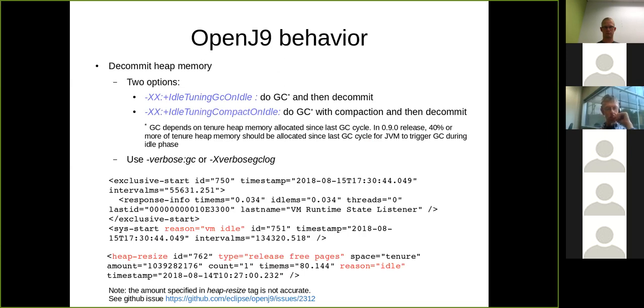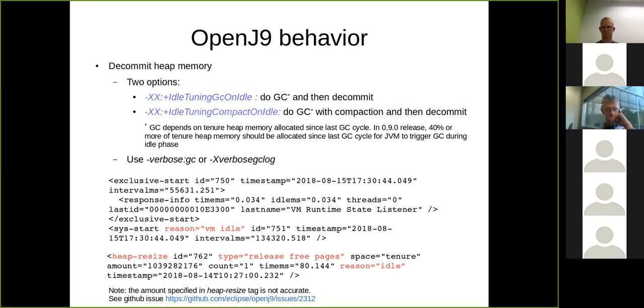On Linux, we can do that using top. So the resident memory of your process should go down during this idle tuning, when the heap resize message is emitted in the GC log.